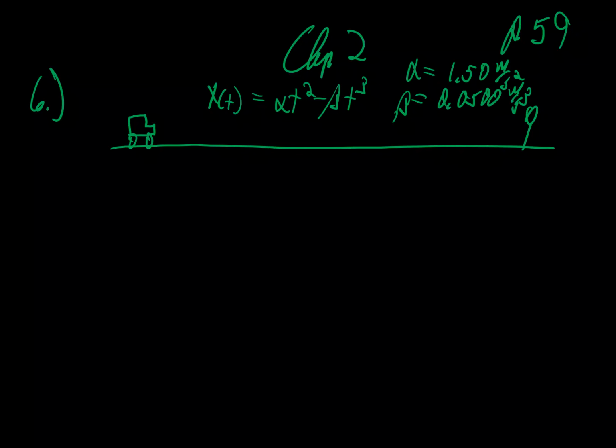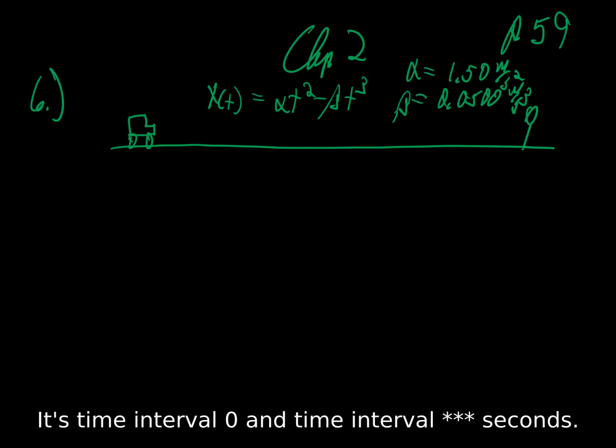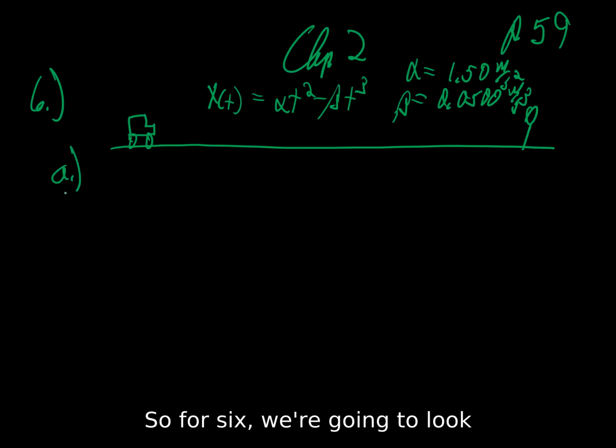Okay. Notice what it says. It says, calculate the average velocity of the car at these time intervals. So for A, it's the time interval 0 to 2 seconds, okay? So for 6A, we're going to look at the average velocity, right?